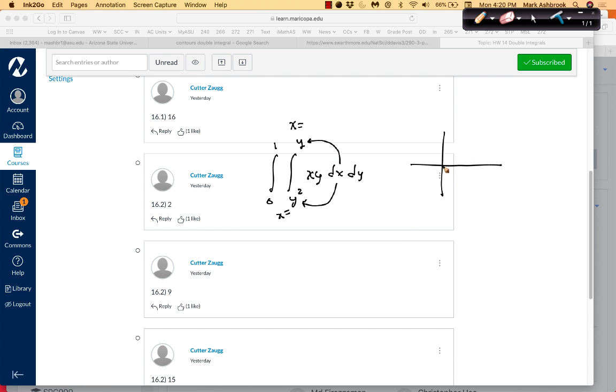X equals y squared is a parabola that opens this way on the positive x-axis. So this is x equals y squared, and x equals y. And then y equals 0 is here, and y equals 1 is here.